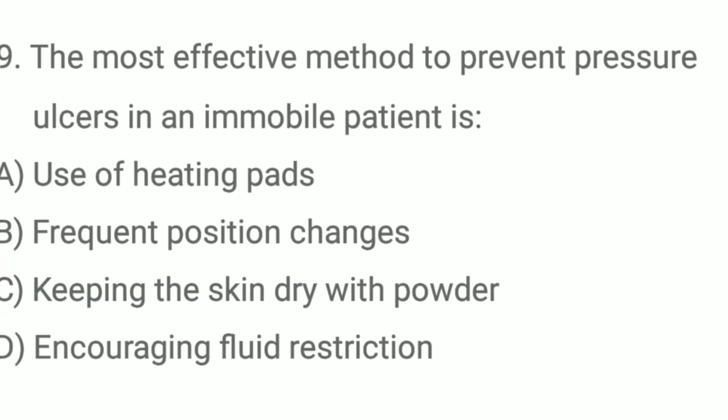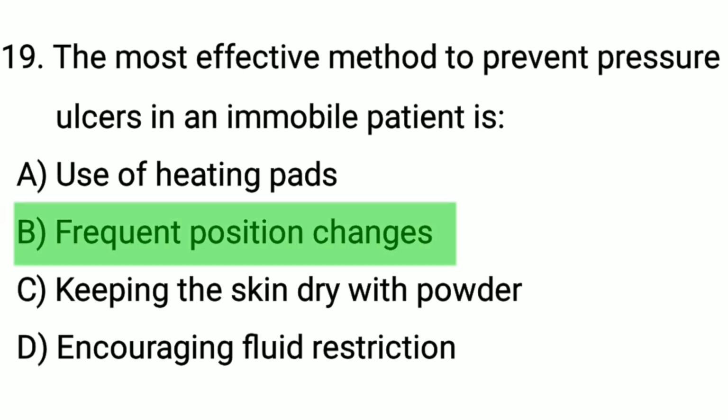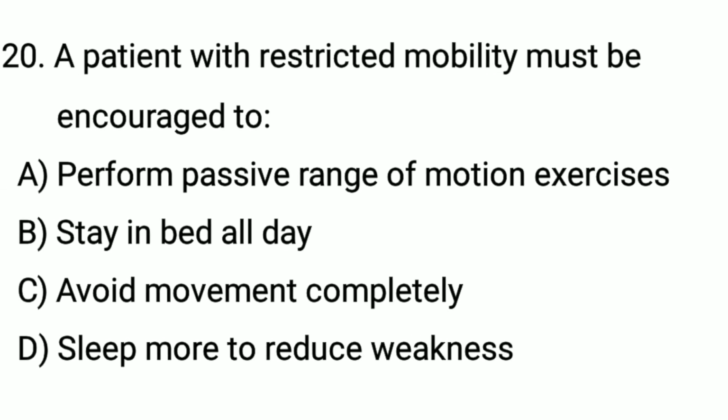Question number 19. The most effective method to prevent pressure ulcer in an immobile patient is? The right option is option B, frequent position changes. Question number 20. A patient with restricted mobility must be encouraged to?